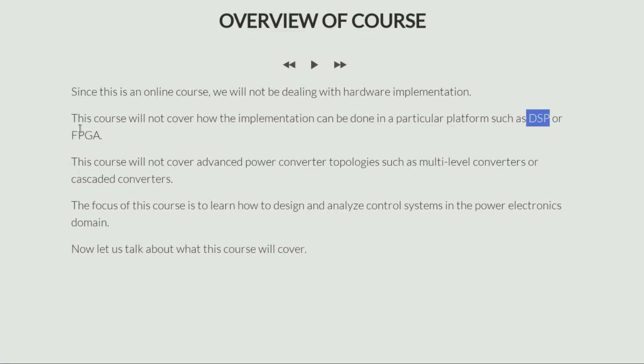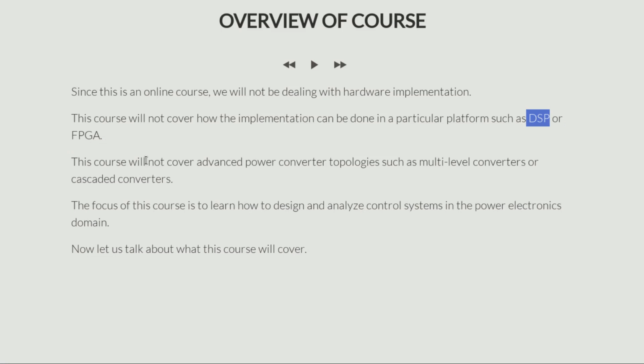So there is going to be no talk about how you can convert all these codes to VHDL so that you can burn it on an FPGA and all those kind of things. That's not going to be the focus of this course. There is going to be nothing about implementation. It is merely the concept of how we design a controller for a grid connected converter.